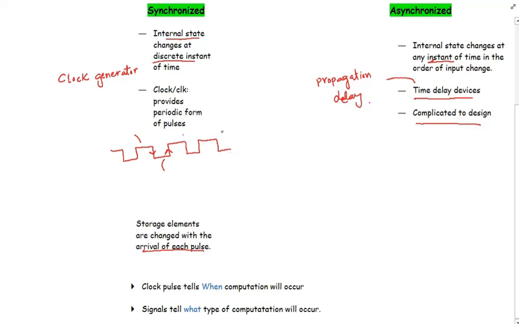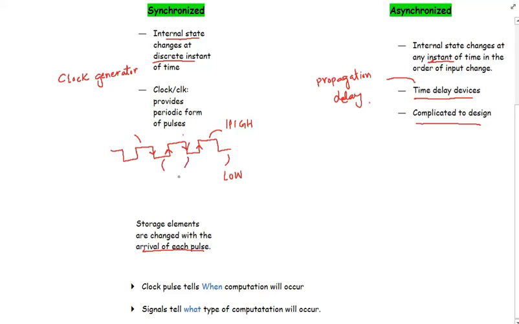Latches respond to the signal level, either the signal is high or low, while flip-flops respond to the signal changing from low to high or transitioning from high to low.